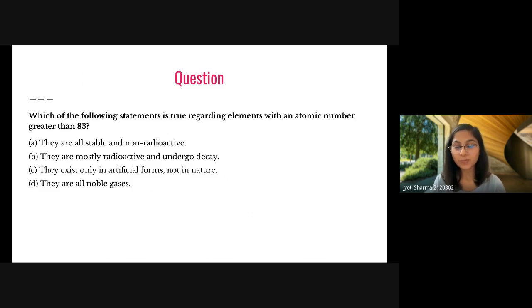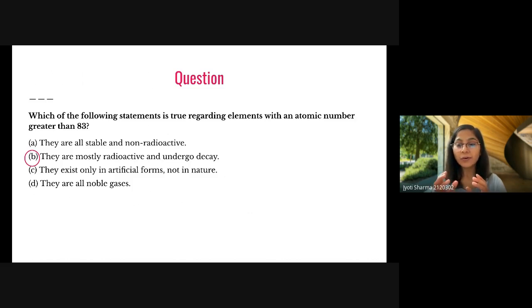Okay, so very obvious because we are talking about radioactivity. So my answer will be B only. They are mostly radioactive and undergo decay. So let me tell you why. When you have an equal number of neutrons and protons, then this will not give you radioactivity. But whenever your protons are lesser in number compared to the neutrons, so neutrons are larger in number and protons are smaller in number, then what will happen?